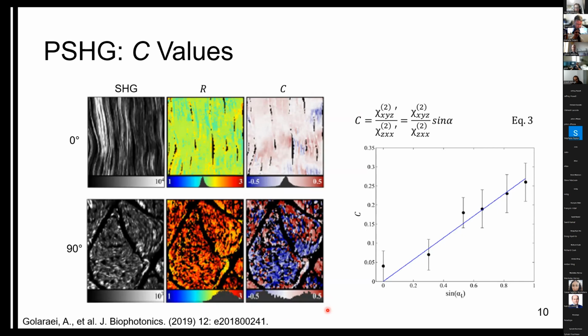And basically, when I look at the C for 90 degrees, I see red and blue, basically the same value with negative, positive. Do I understand this as a phase shift between domains with the fibrils?